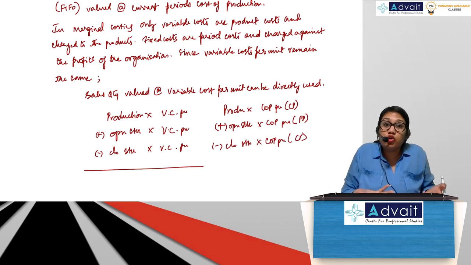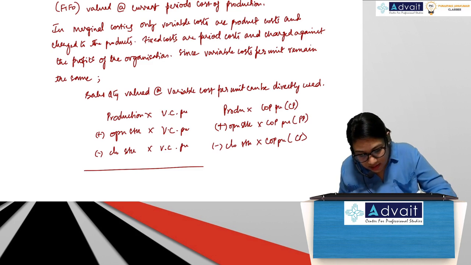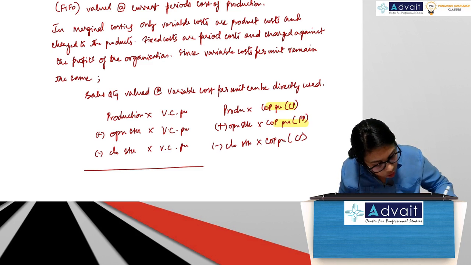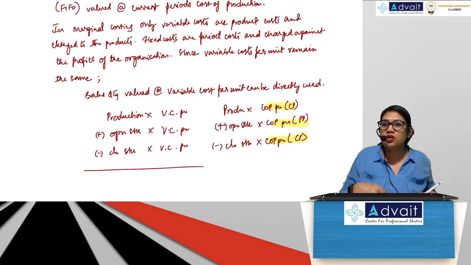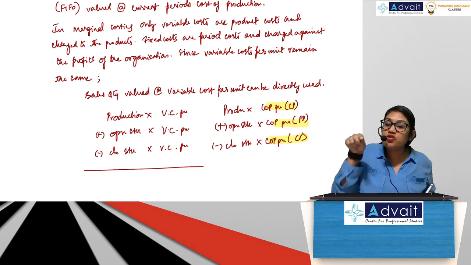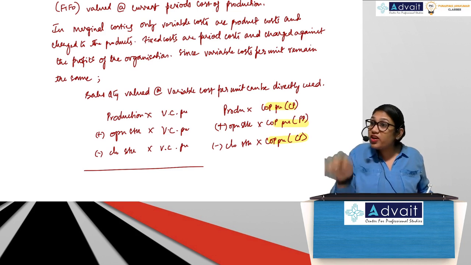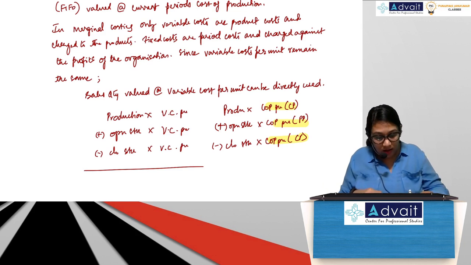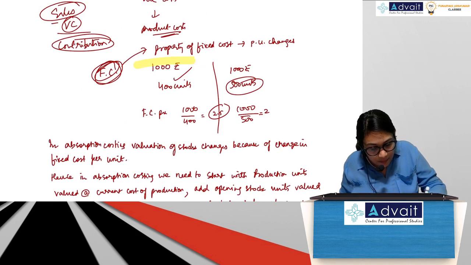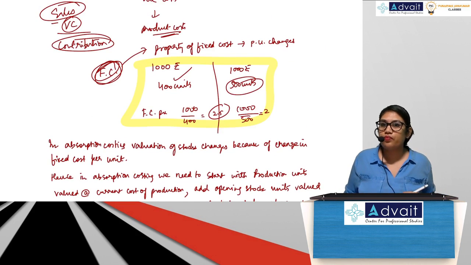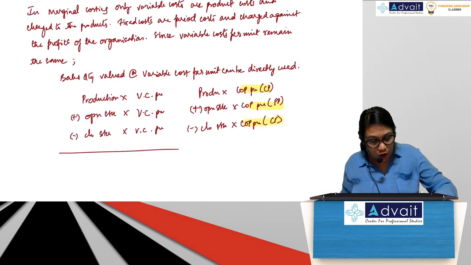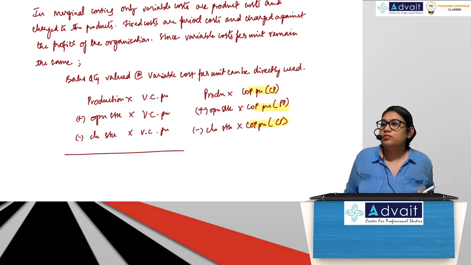Why does the cost of production per unit change? Because along with variable cost, I'm charging fixed costs also. Variable cost per unit remains the same, but fixed cost per unit doesn't remain the same. I have shown you that example. Yes or no? So in absorption costing, I'm bound to do that.